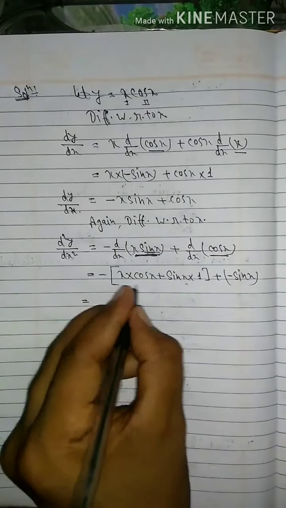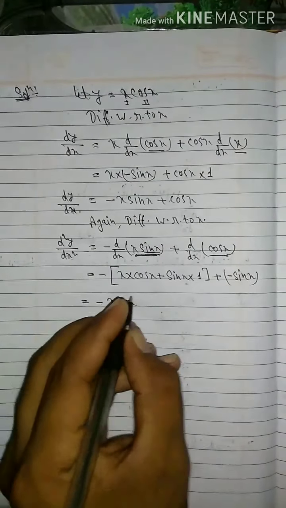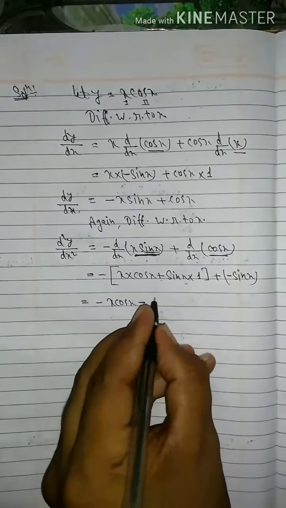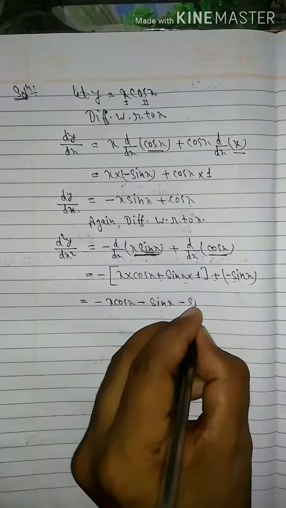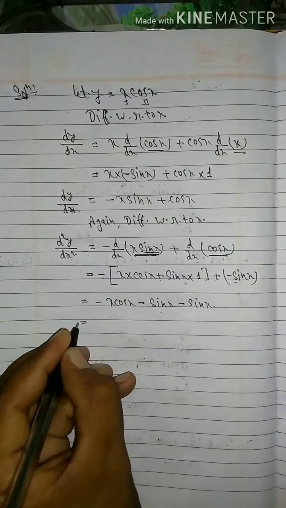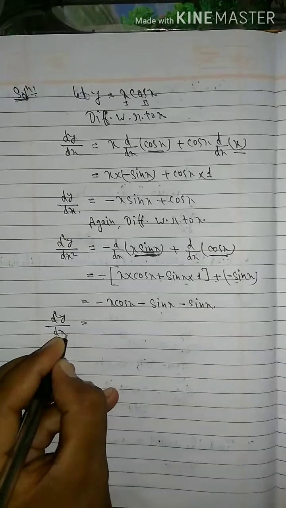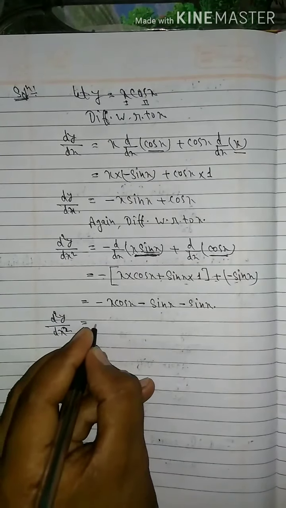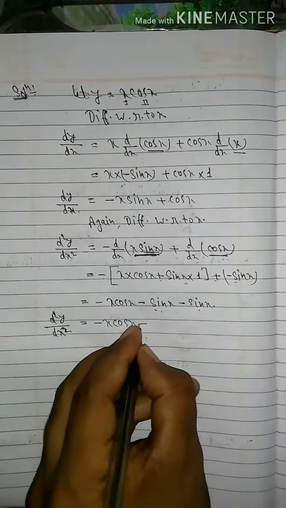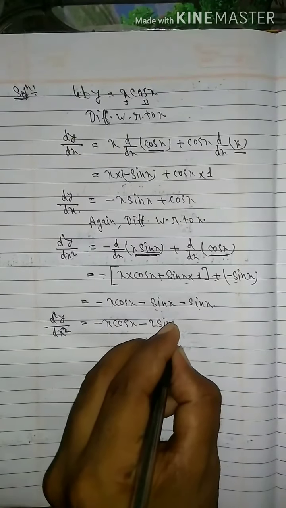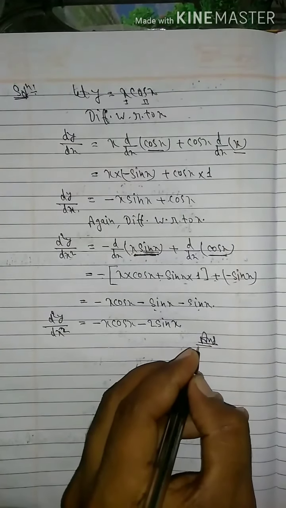Now open the bracket and simplify: minus x cos x minus sin x minus sin x. So d2y by dx2 equals minus x cos x minus 2 sin x. This is your answer.